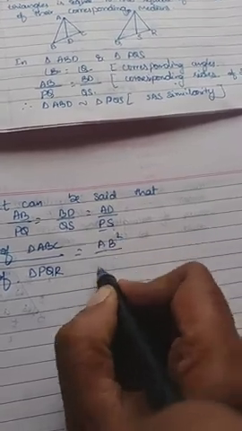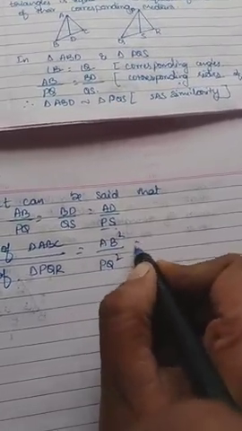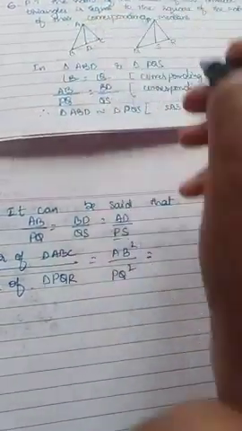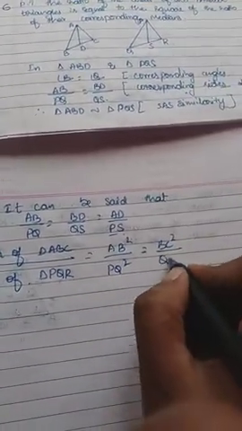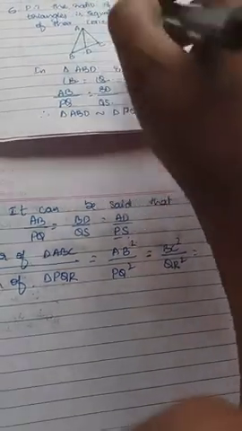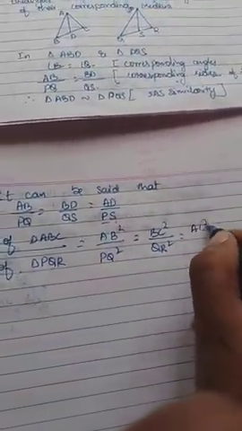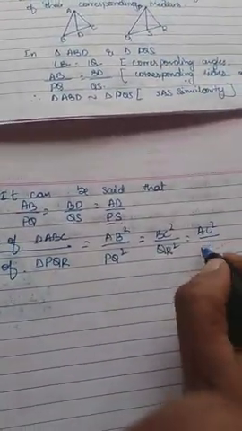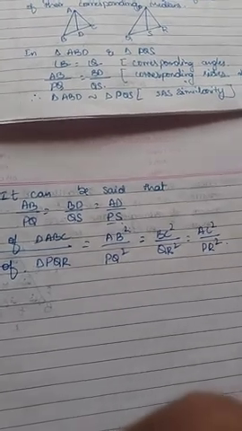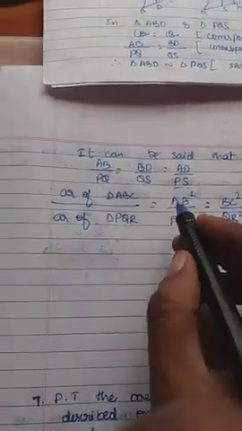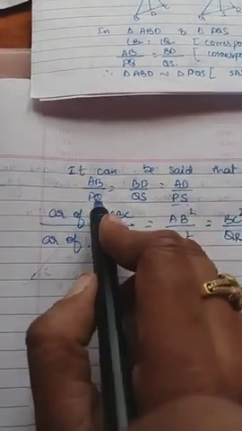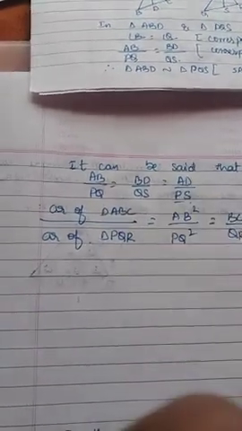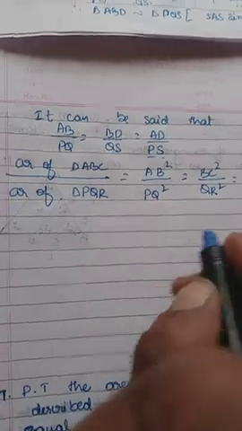AB square divided by PQ square equals BC square divided by QR square, which equals AC square divided by PR square. So instead of AB and PQ, we can use AD and PS, because AB by PQ equals AD divided by PS, as it is a median.